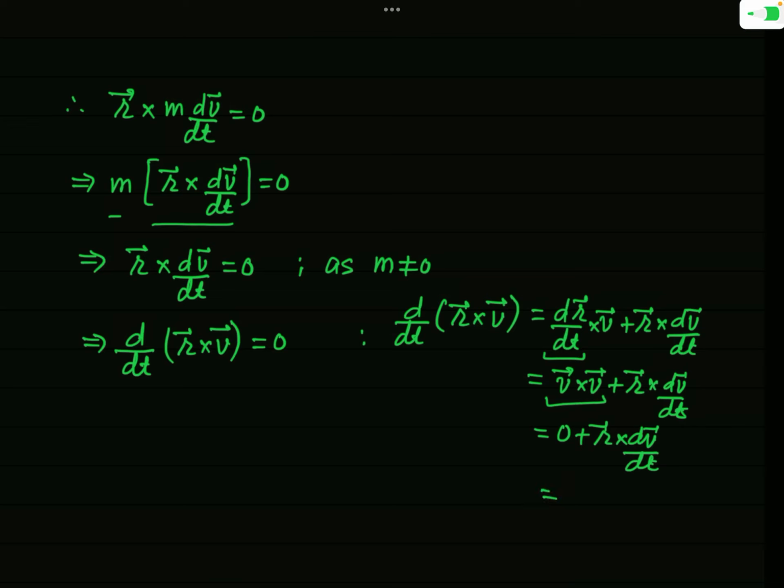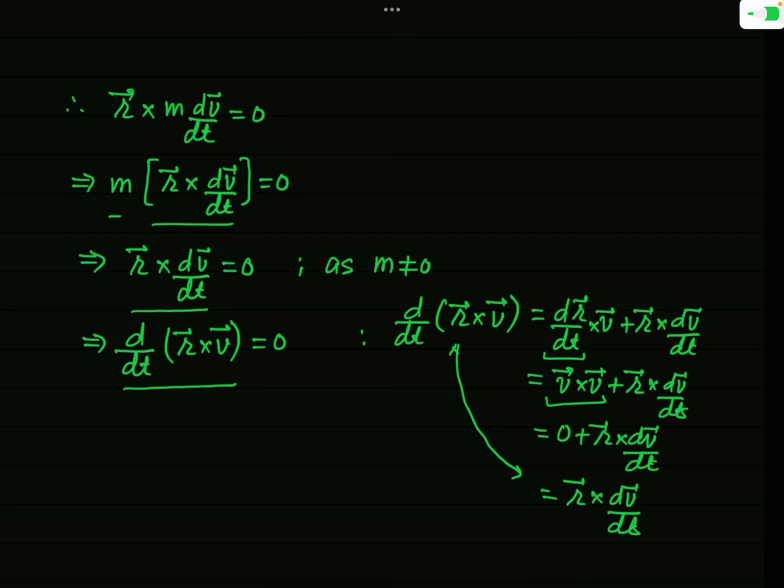So this is simply equal to R cross dv by dt. So I have proved that d dt R cross v is equal to R cross dv dt. Instead of R cross dv dt, I have written d dt R cross v. Have you understood or not? So this result may be written like this.